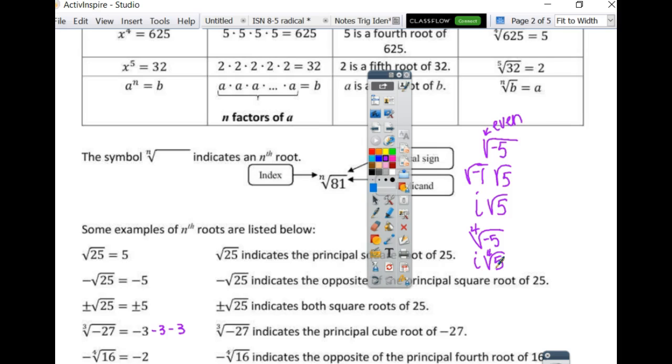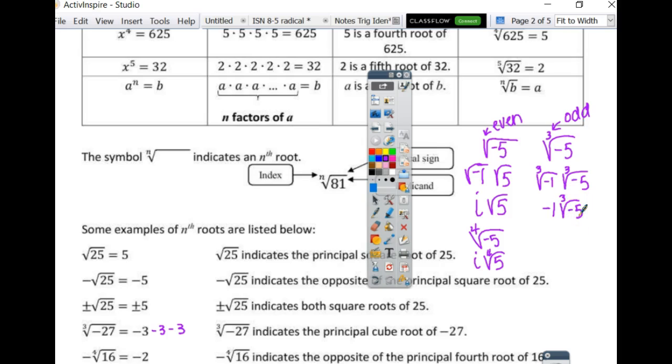2, 4, 6, 8. Okay, so if it's not even, let's say it's the 3rd root of negative 5. Okay? So this is odd. So this could be 3, 5, 7, any odd. If it's odd, I get the cube root of negative 1. And instead of being I, this is just negative 1.